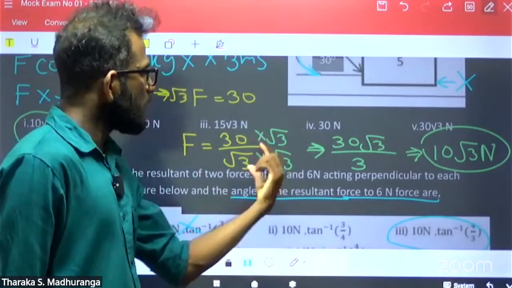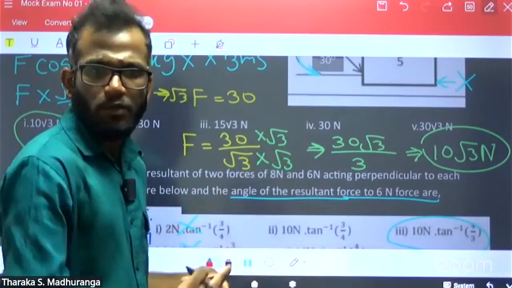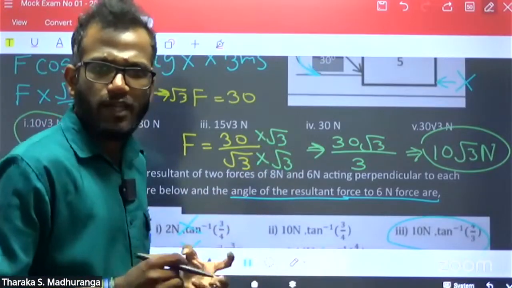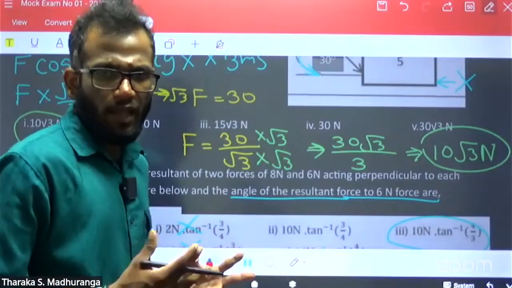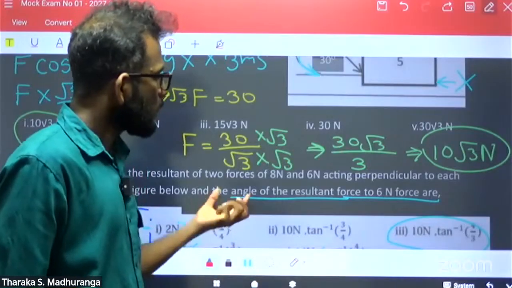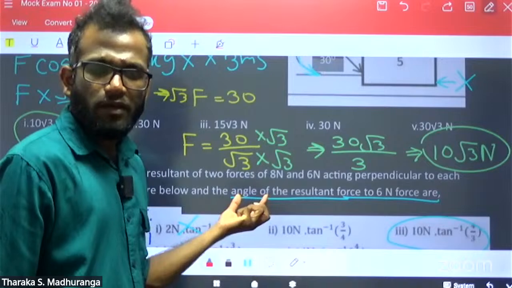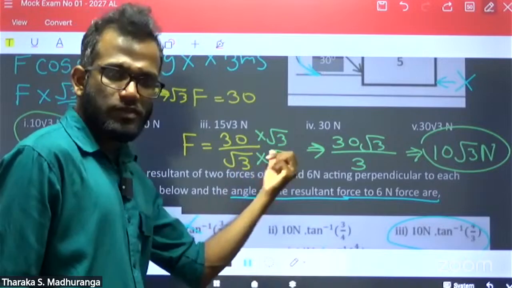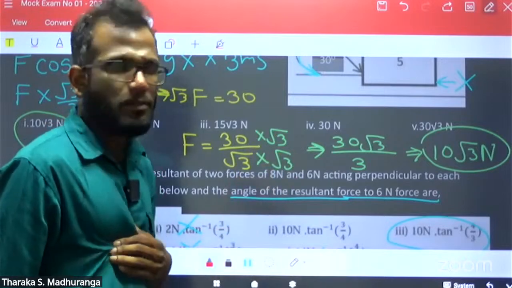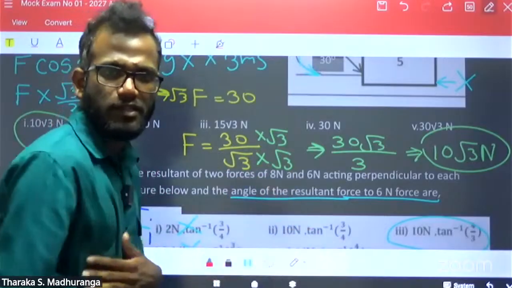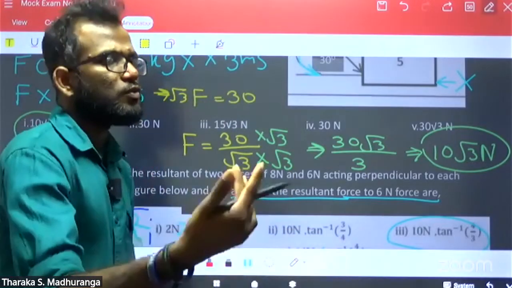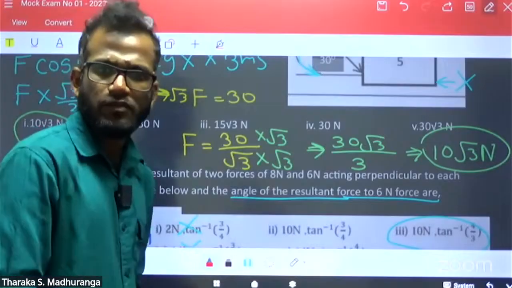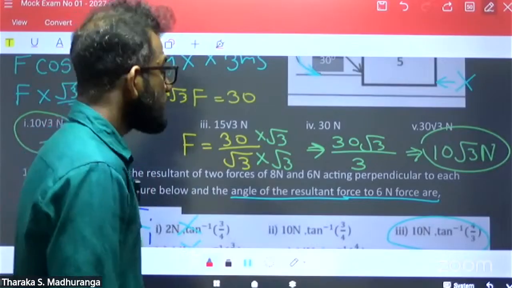Normally we do not keep root values below. But it is not wrong. Normally we do not keep root values in the denominator. Values like 30 over root 3, 20 over root 2, we do not keep as an answer.